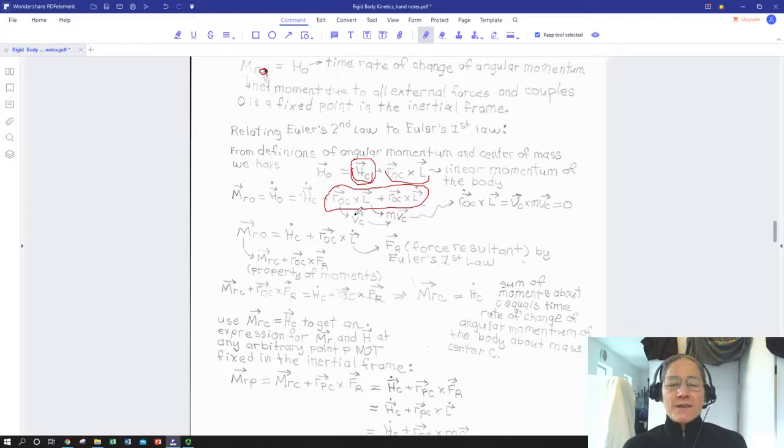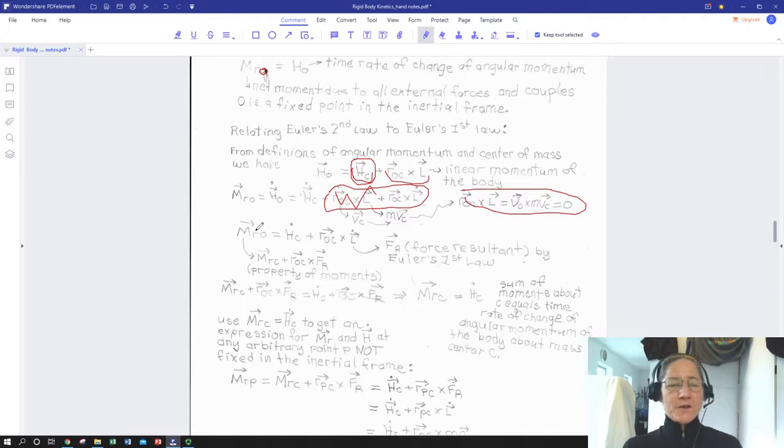So we end up having v_C crossed into something that's a scalar times v_C, and because the cross product takes only the perpendicular portion of two vectors, and v_C is parallel to v_C, the cross product of that term is 0. So that goes away.